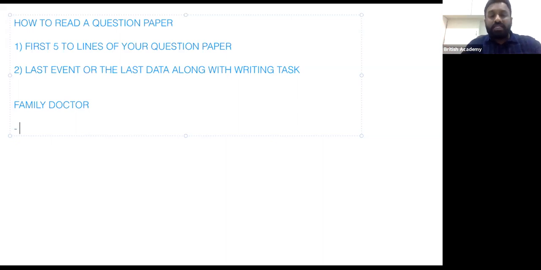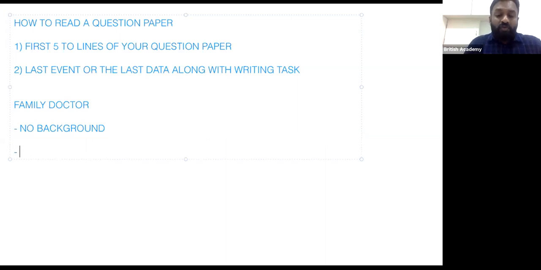When you understand that you're writing to your patient's family doctor, one thing you should be very clear about: no background. Any background of the patient, any past visit to the hospital, nothing as such is required. Keep this very clear in your mind when writing to a family doctor.